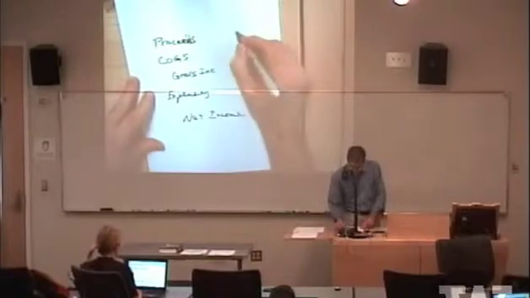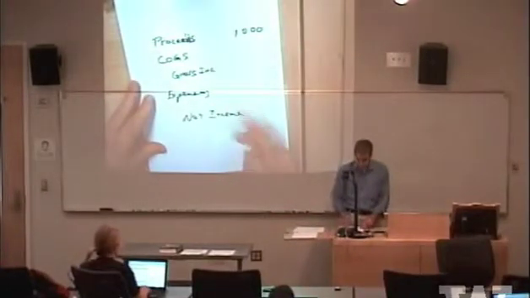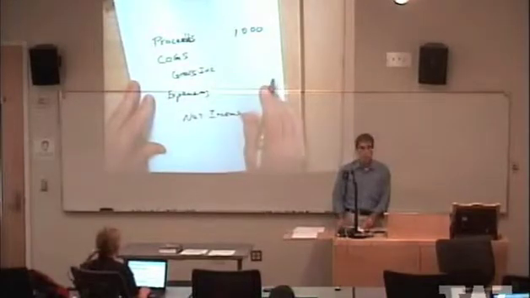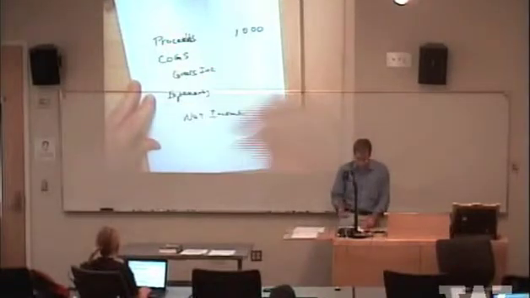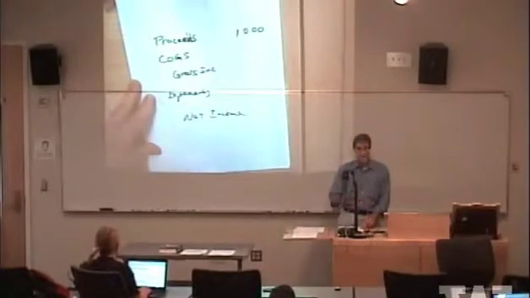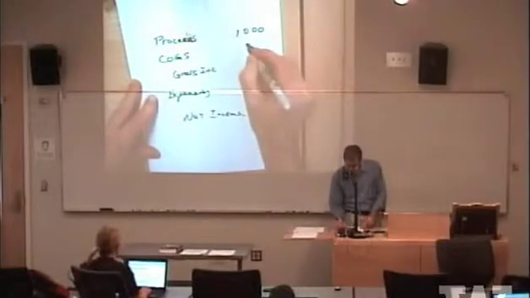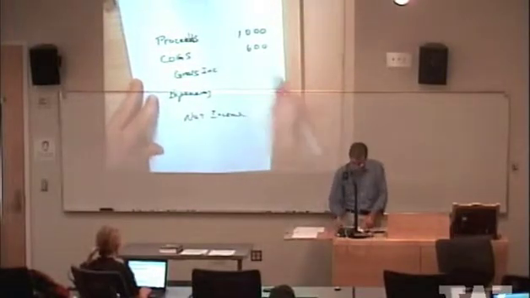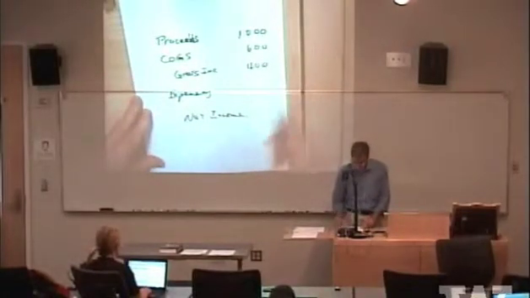So maybe our proceeds, let's say, are 1,000. Maybe our cost of goods sold, if we're manufacturing, we would call it cost of manufacturing. If we're just buying and reselling, we might call it cost of goods sold, let's say is 600. Gross income would be 400.